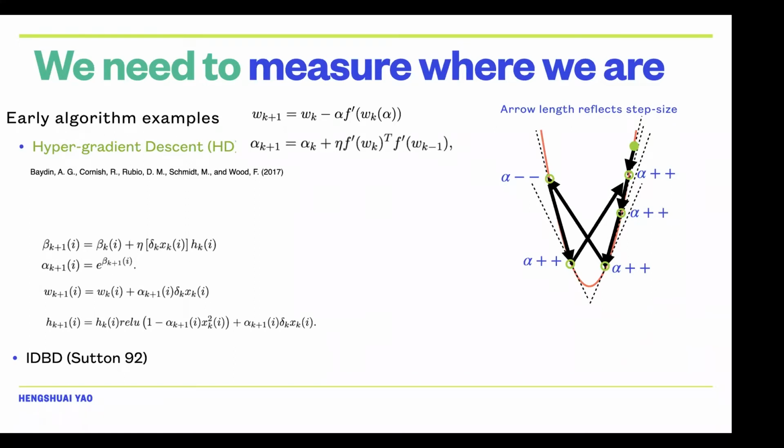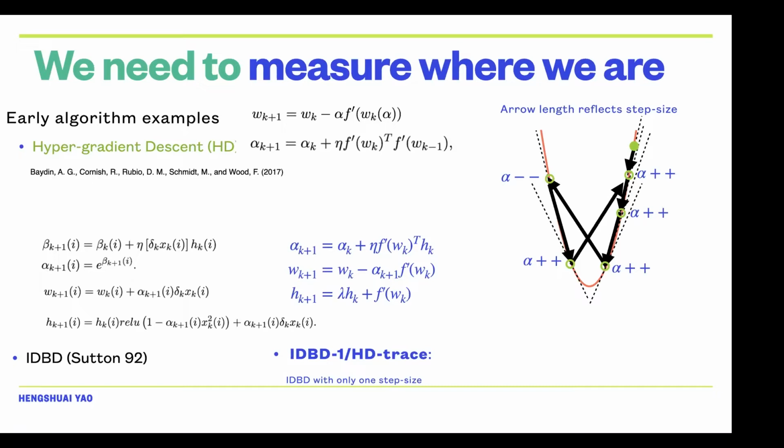Here I have an observation that IDBD and hypergradient descent are related. That's quite interesting. To make the connection, I introduce an algorithm called IDBD1. It's just 3 lines, with only a single scalar step size alpha, shared by all components of W.